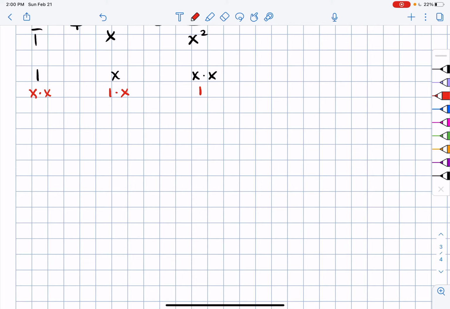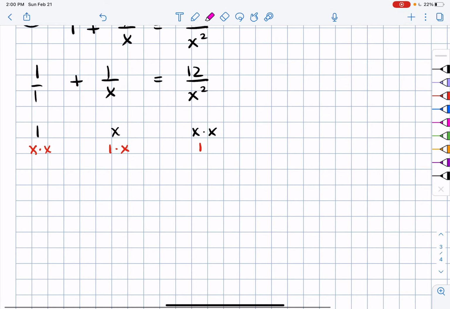So now if I look at each denominator with what's missing, all three of them have 1 times x times x. So the red is what I have missing, so that's why this is multiplied by x squared on top and bottom. This is multiplied by x on top and bottom, and this is multiplied by 1 top and bottom, okay?